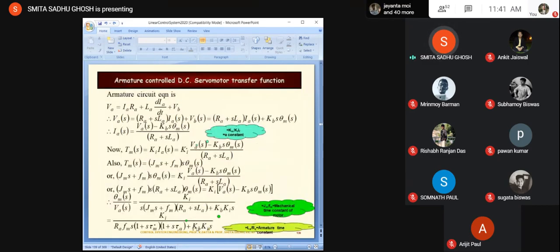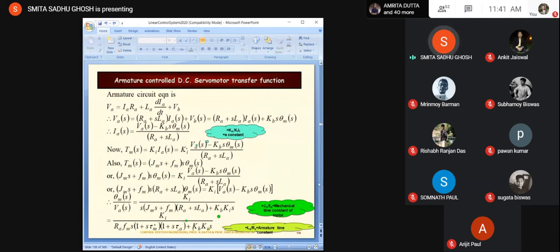From this transfer function that we have got, we try to write it in a standard form, that is we divide the numerator and the denominator by a quantity, which is basically this term over here.